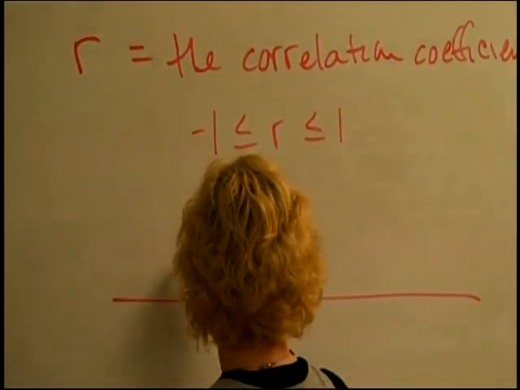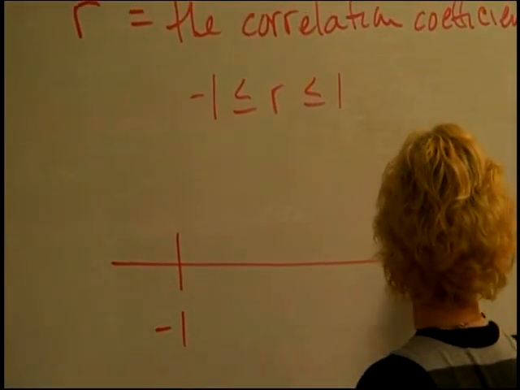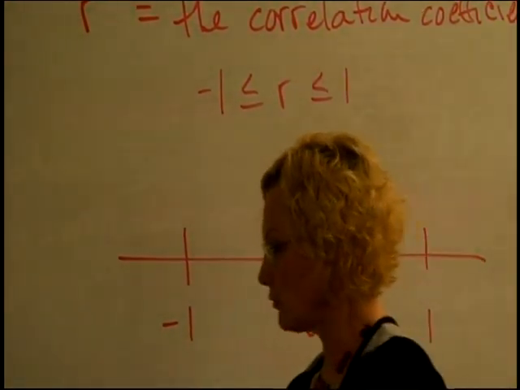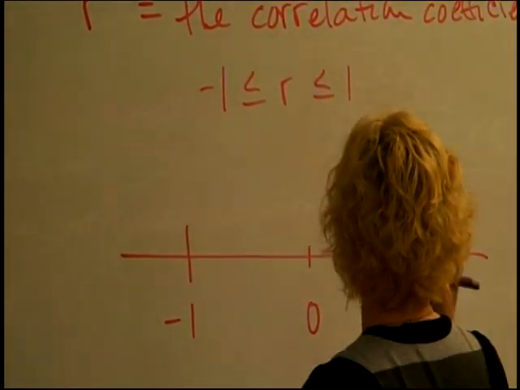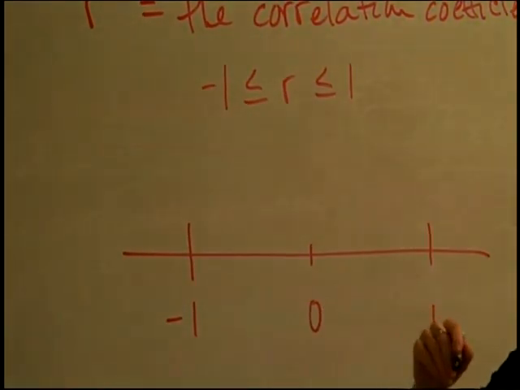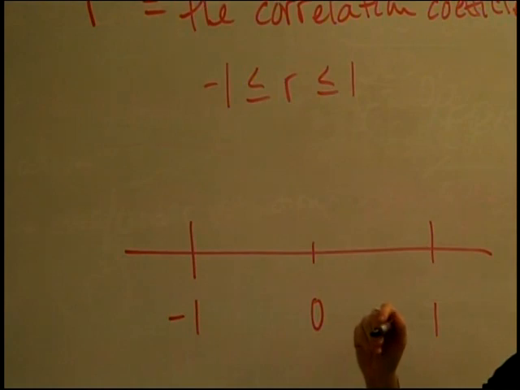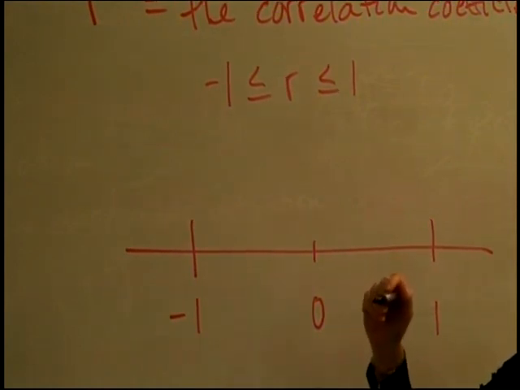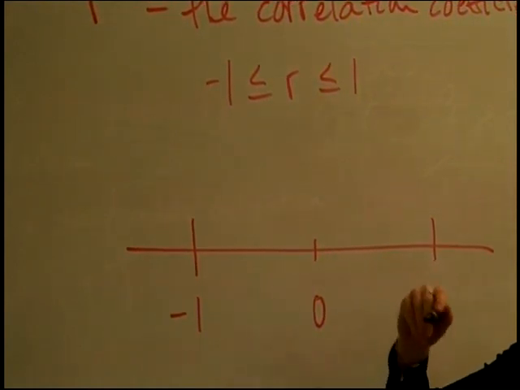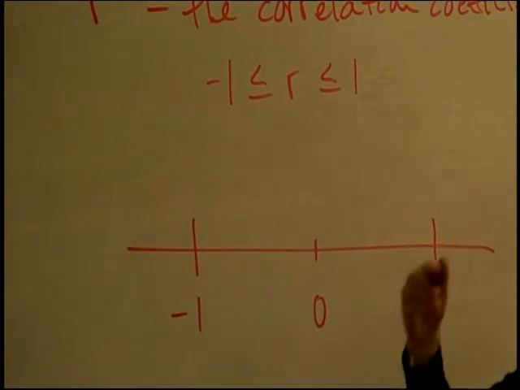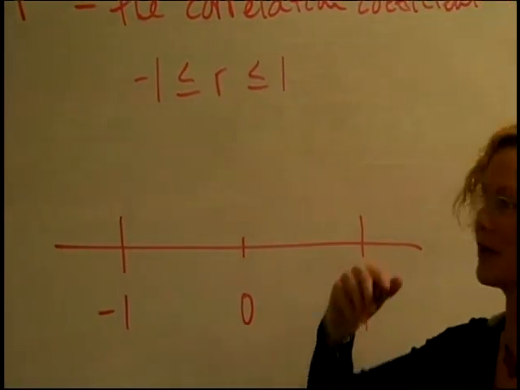So it's kind of like, let's say here's -1, and here's +1, and here's 0. So let's say we have a strength meter, an R strength meter, okay? Kind of like a metal detector, or what's it called, the Richter scale, off of an earthquake detector.